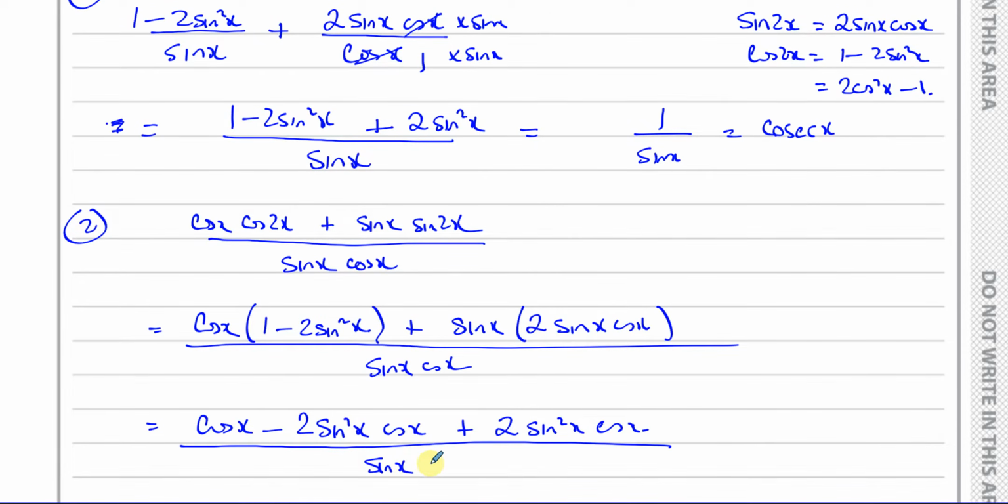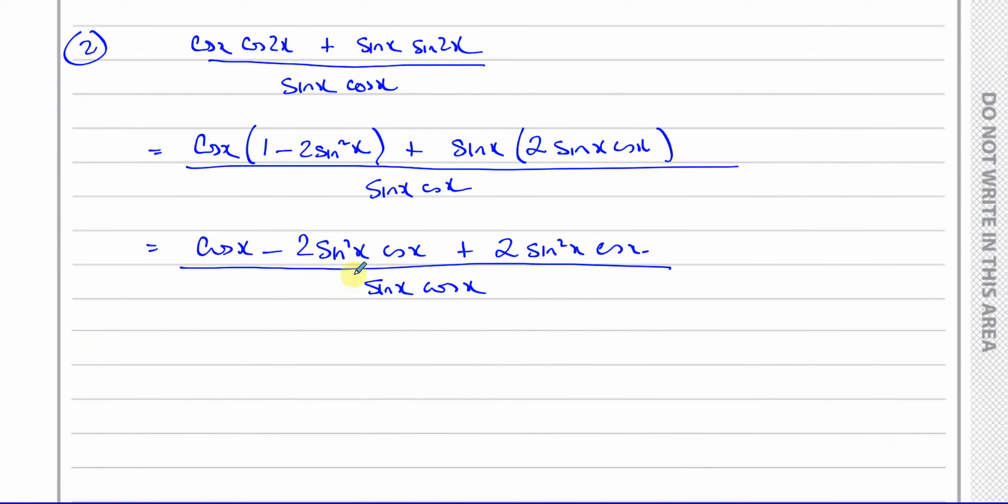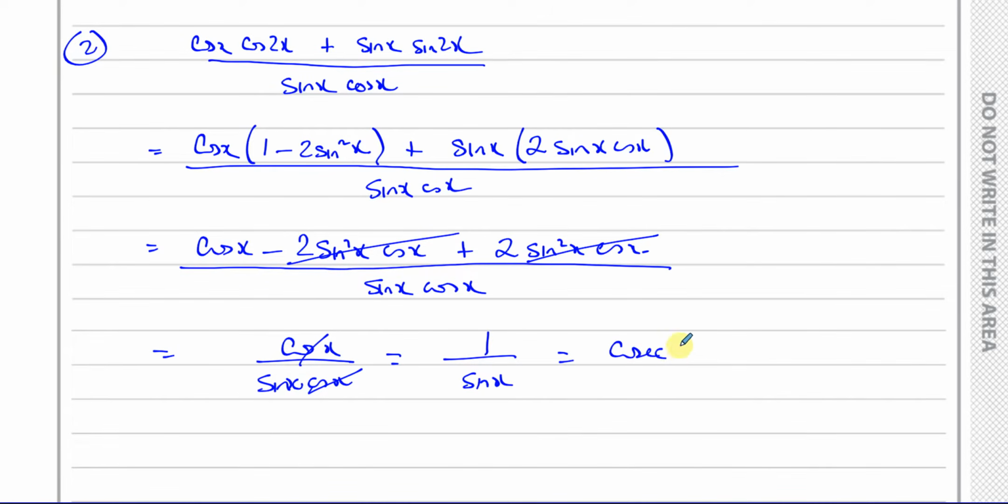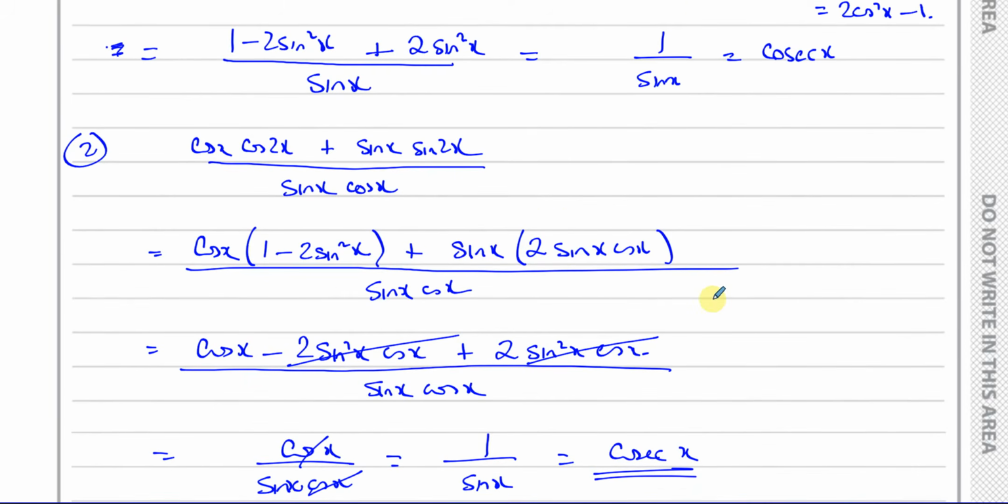Once you've expanded, you can see what's going to happen next, because you have minus 2 sine squared x cosine x and plus 2 sine squared x cosine x. They cancel out, and we're left with cosine x over sine x times cosine x. They cancel out. You're left with 1 over sine x, which is what we had to show, is cosecant x. Okay, so that's sorted out that question.